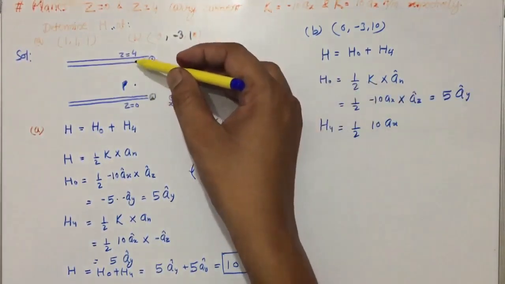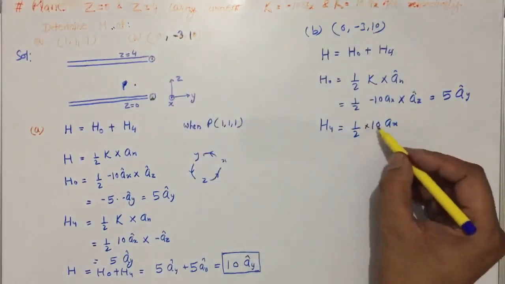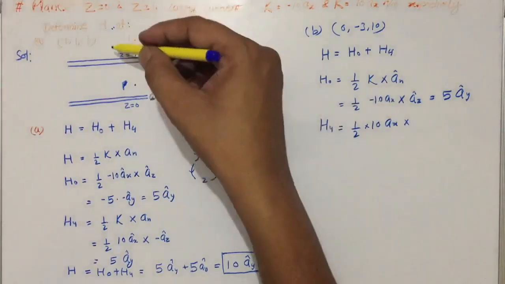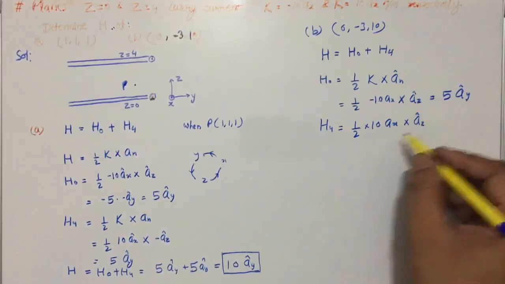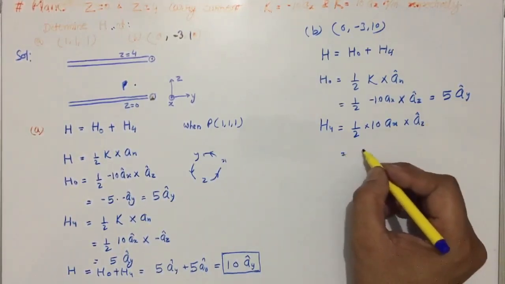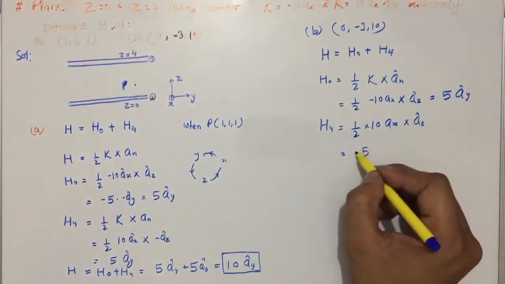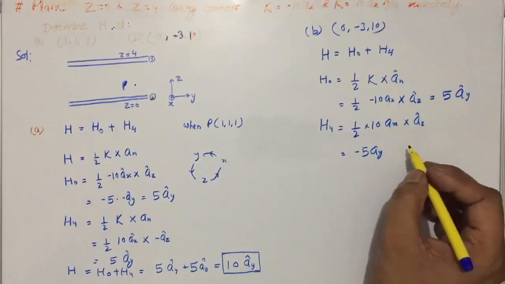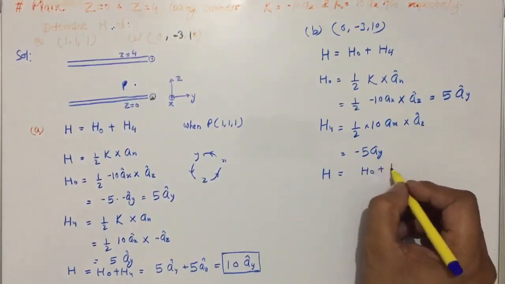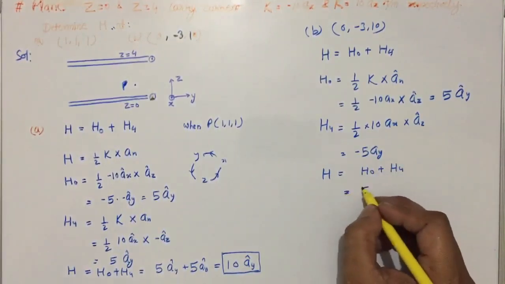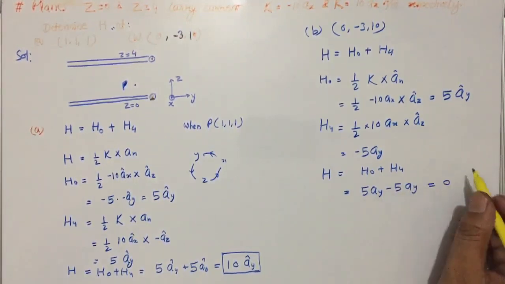For this case the current density is plus AX, and the point is again in the positive Z direction, so it should be plus Z. From here, 5 AX cross AZ will give us minus AY, so we will get minus AY. So total H will be H0 plus H4, that is 5 AY minus 5 AY, that is 0.